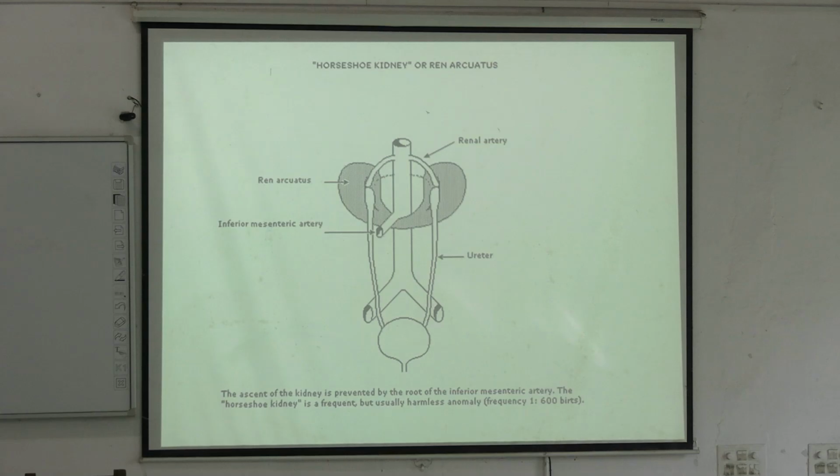Well, there is no problem whatsoever if you have arrest of the climbing of the kidney. The problem may arise with the ureter which is present here. When the kidney goes to the upper pole, we have a medial rotation of the kidney and the ureter is placed medial, so the hilum goes medial.